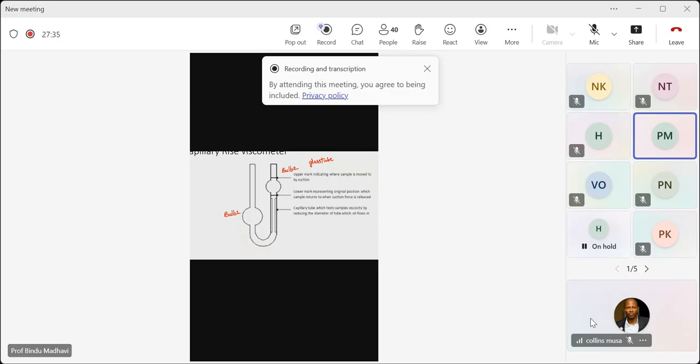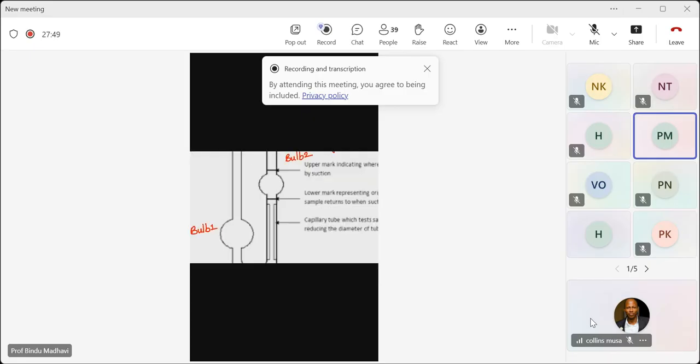On the left-hand side, we can call it bulb 1, and on the right-hand side, bulb 2. Below bulb 2, there is an arrangement of a narrow capillary. Above that capillary, you can see two markings.